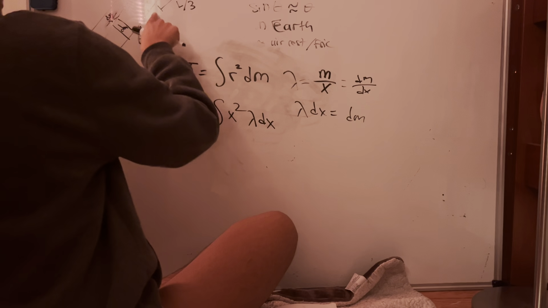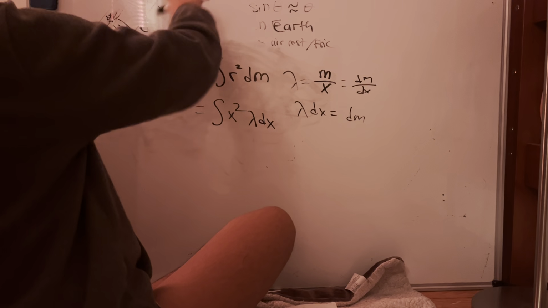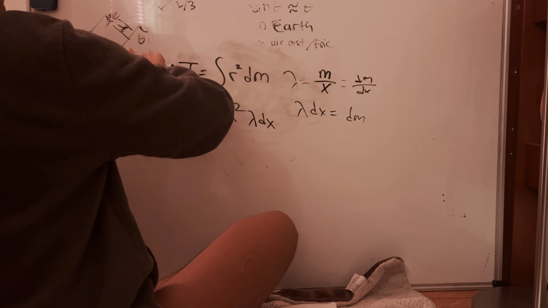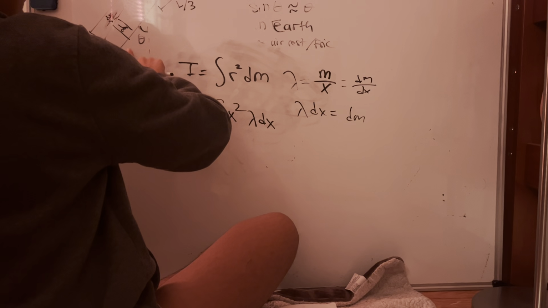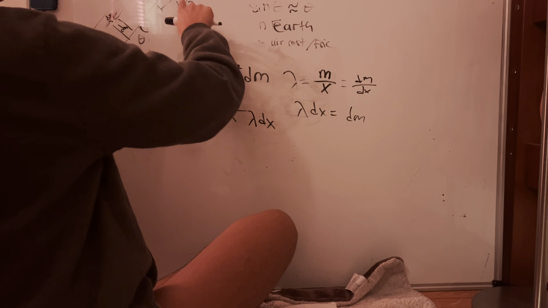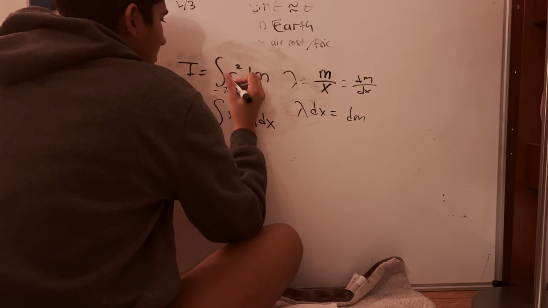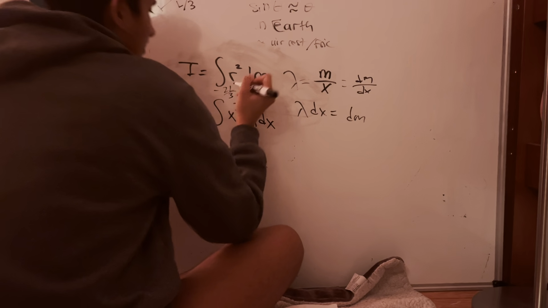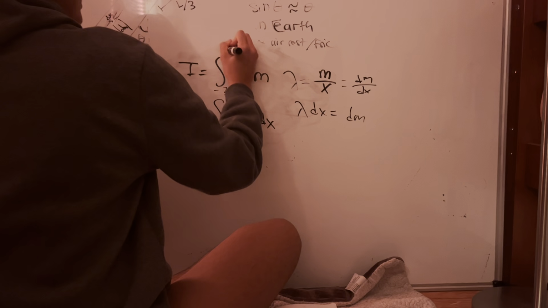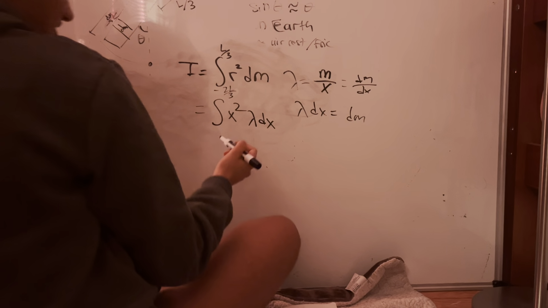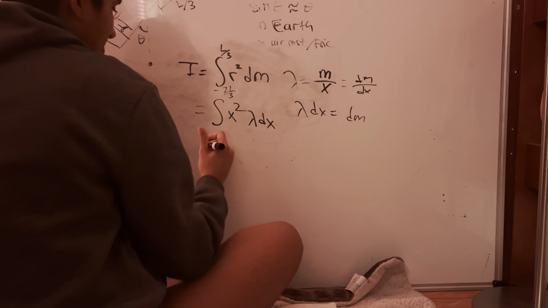So let's define this way to be positive. This over here is going to be negative 2/3 L, because this is positive 1/3 L. So we're going to integrate from negative 2L over 3 to positive L over 3. And I'm not going to rewrite it here because I'm out of space, but same bounds of integration.